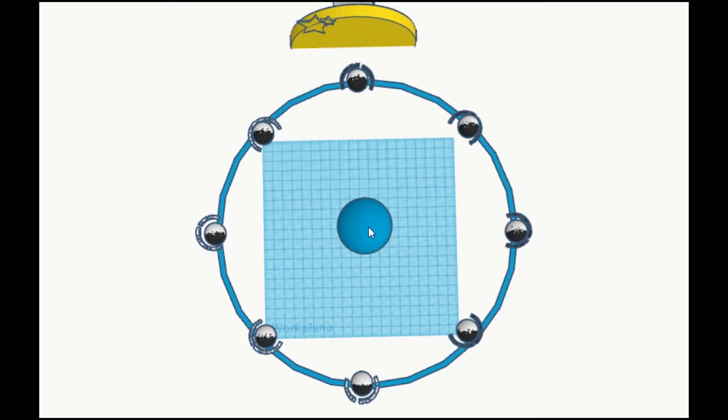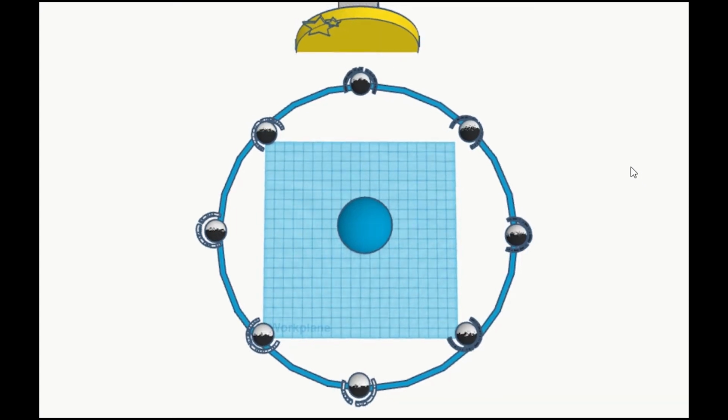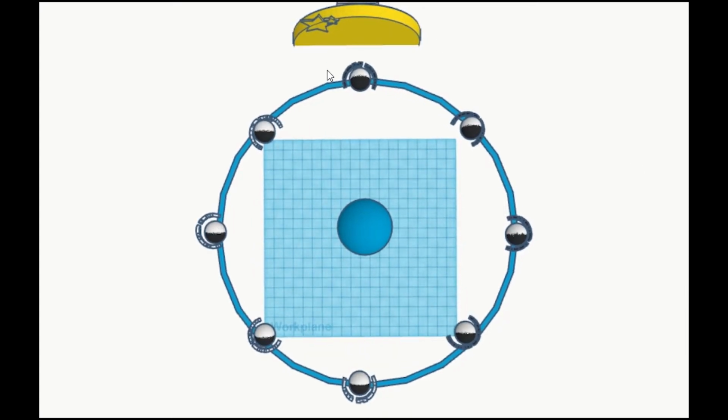I'm actually flying high above the North Pole, and I wanted to start in this position just as a reminder that at all times, with the exception of a lunar eclipse, half of the Earth is lit up by the sun, and half of the moon is always lit up by the sun. And so we've illustrated that on our moons with the light half here with the white and then the dark half here with the black.